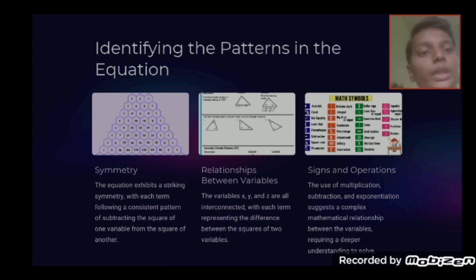Relationship between variables: the variables x, y and z are all interconnected, with each term representing the difference between the squares of the two variables. Signs and operations: the use of multiplication, subtraction and exponentiation suggests a complex mathematical relationship between the variables, requiring a deeper understanding to solve.